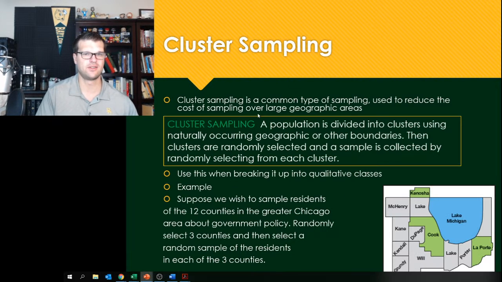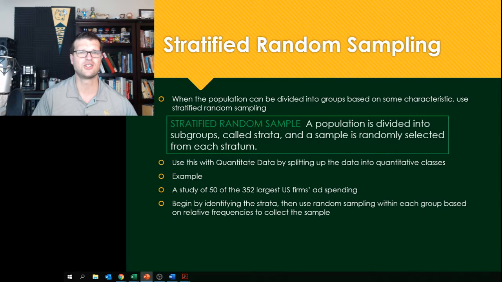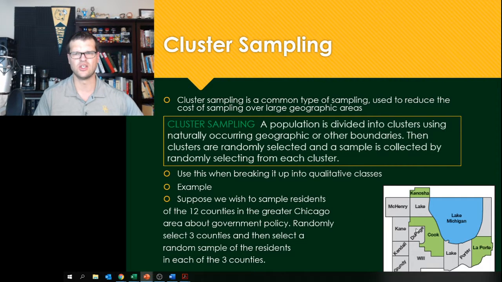Okay, so while that's logging in, we're going to go over cluster sampling really quick. Cluster sampling is when groups are already formed into clusters. So if you think about it, stratified random sampling is really when groups are broken up by quantitative data, where cluster sampling is when groups are broken up by qualitative boundaries.